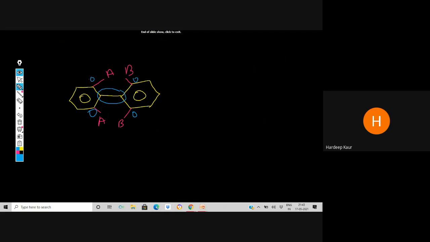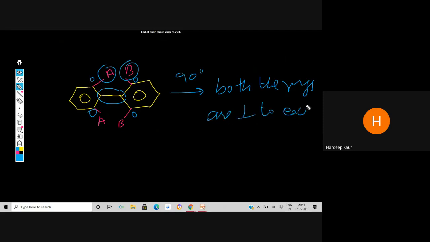Now when rotation is restricted, the most stable conformation will be the one in which A and B are maximum apart, and that maximum apart angle is 90 degrees, means both the rings are perpendicular to each other. Rings are perpendicular to each other, then only the steric hindrance between the bulky groups will be minimum.